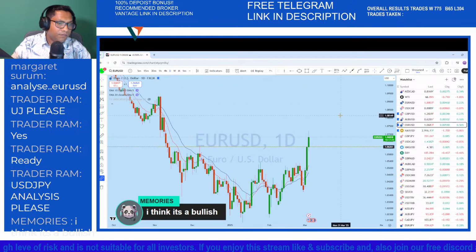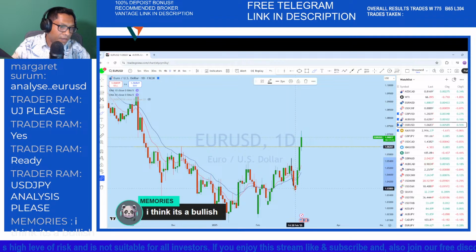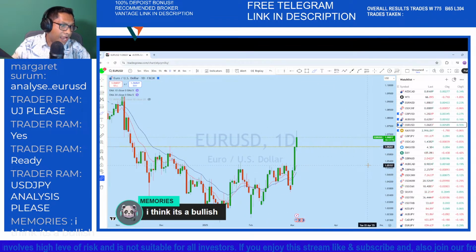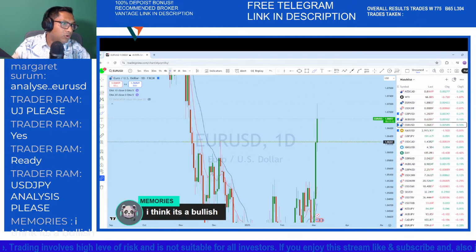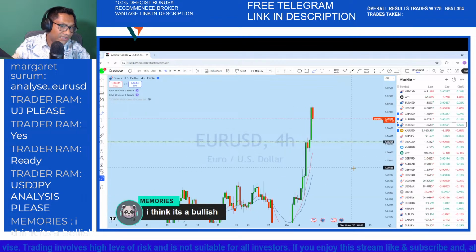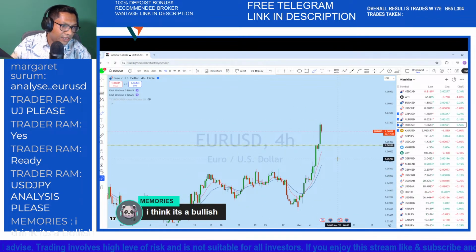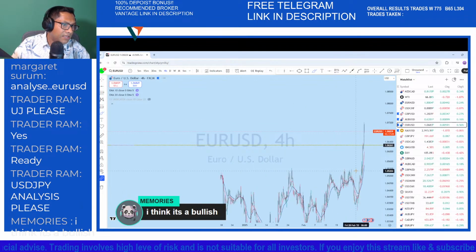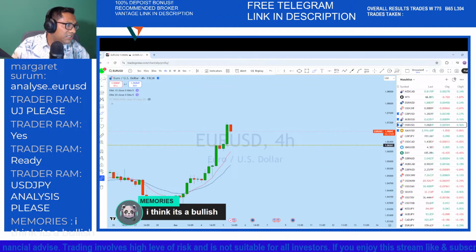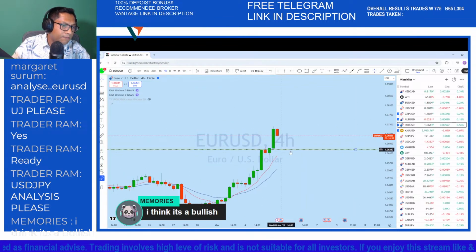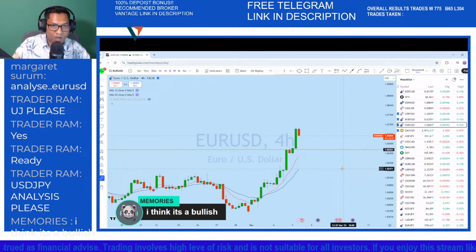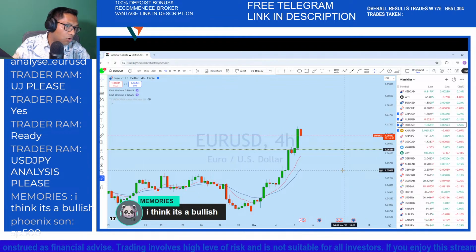In that level, you can see the market has broken out. With that in mind, this is a very important level of support here on EUR/USD. If we look at the 4-hour perspective, once we see the market on that level, at this important support, that's where I will be interested to go long on EUR/USD.